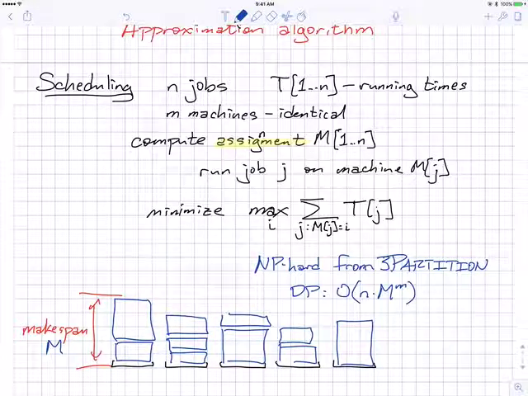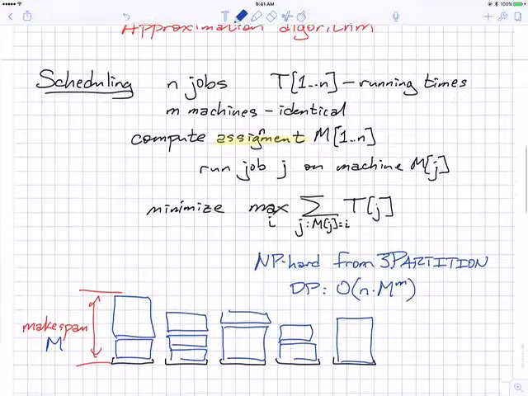Okay, so the right way to say this is there is an integer programming formulation of the problem: is there a schedule with makespan less than some target value M? And then you could do a binary search over the possible values of that. But still, that particular integer programming problem is NP-hard.